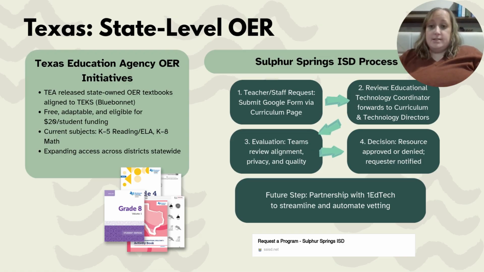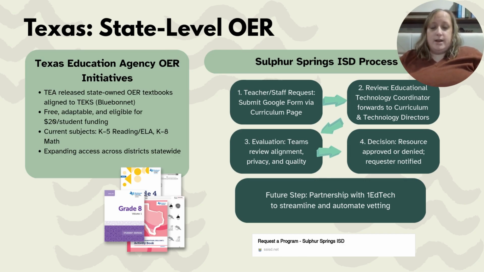So here in Texas, the state has taken meaningful steps to promote OER adoptions. The Texas Education Agency, or TEA, has released state-owned OER textbooks aligned to the Texas Essential Knowledge and Skills, or the TEKS, in key subject areas such as K-5 reading and language arts and K-8 mathematics.